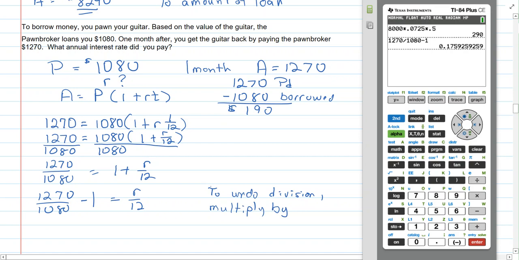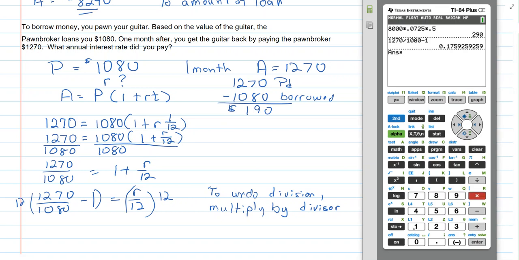Usually I say reciprocal, but here we're going to say multiply by the divisor. That means we're going to multiply everything by 12. So we hit times 12 on our calculator, and we get this.